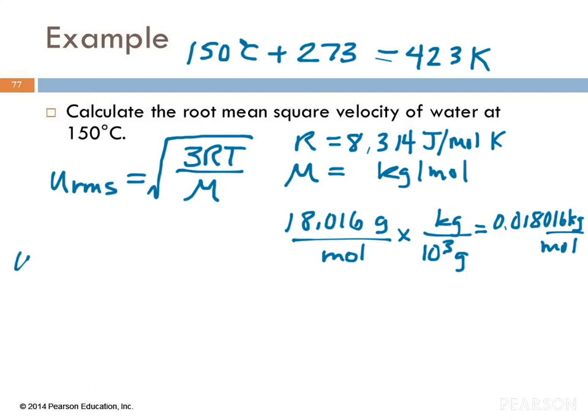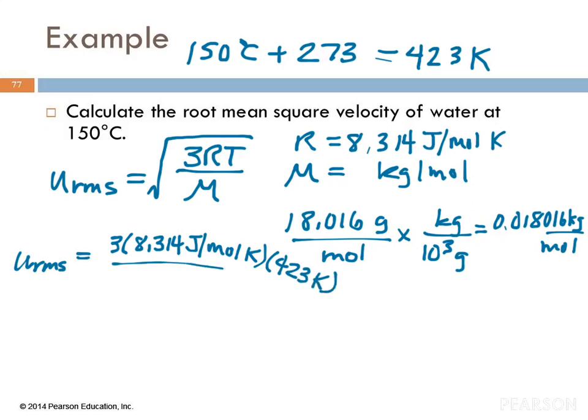So the root mean square velocity is 3 times 8.314 joules per mole Kelvin times the temperature, 423 Kelvin, and that's going to be divided by 0.018016 kilograms per mole.